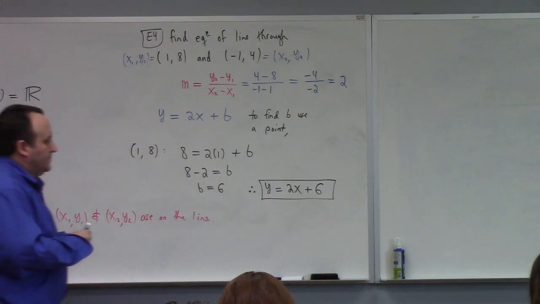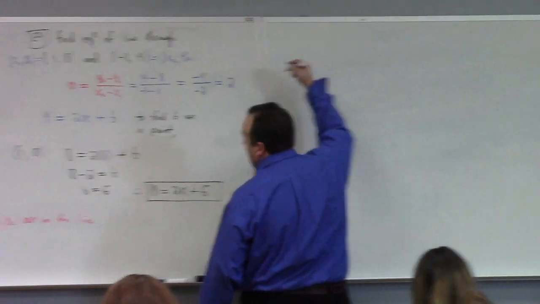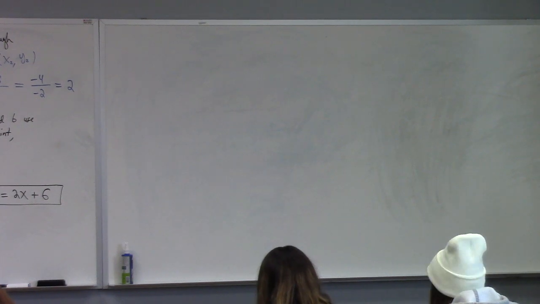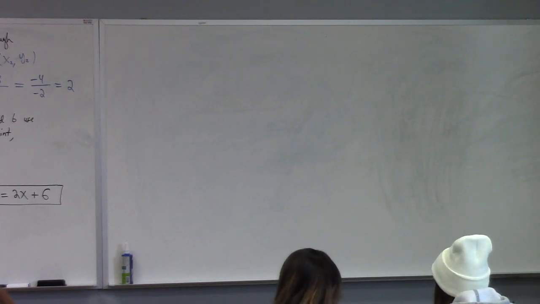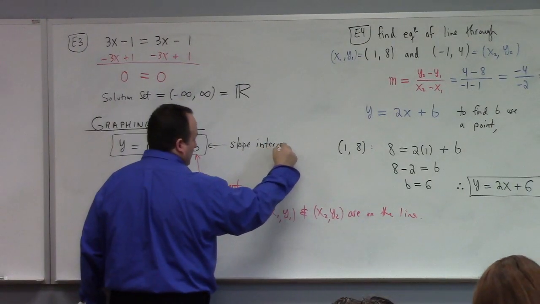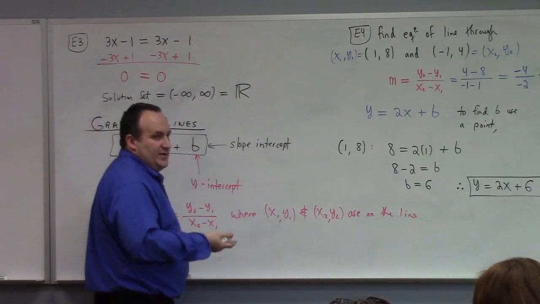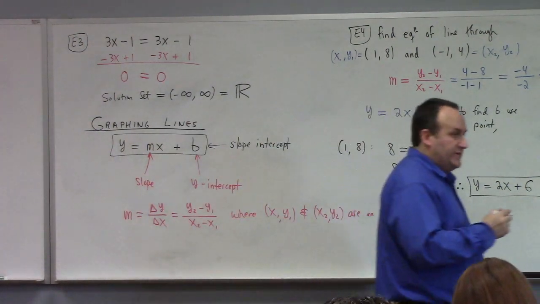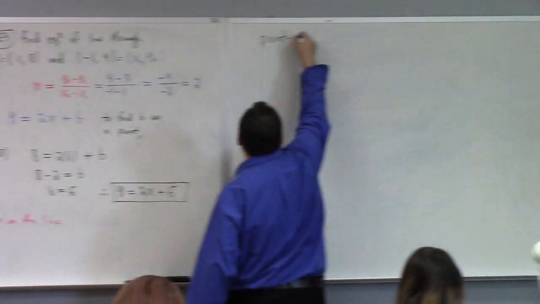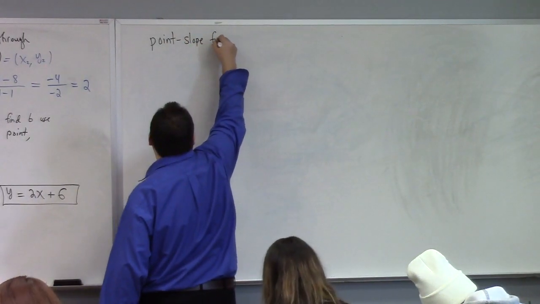So this right here was the so-called slope-intercept form of the line. There are a few other competing formulas. That's slope-intercept. There's also point-slope. What's point-slope? The point-slope formula.